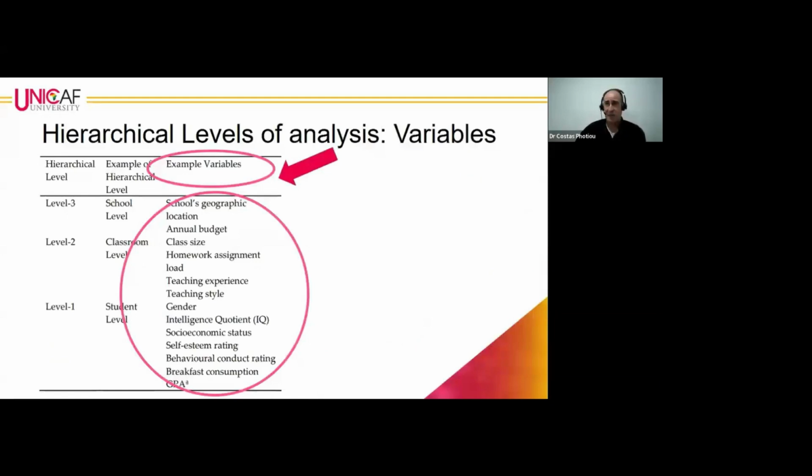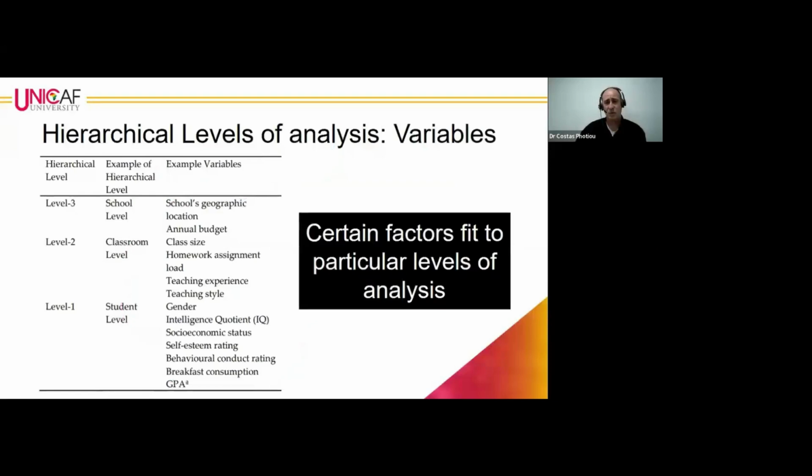Before we go into the tool and the models and so on, and how we prepare these things, let's look at some examples of what could be placed at level 1, at level 2, at level 3. So certain factors fit to particular levels of analysis.